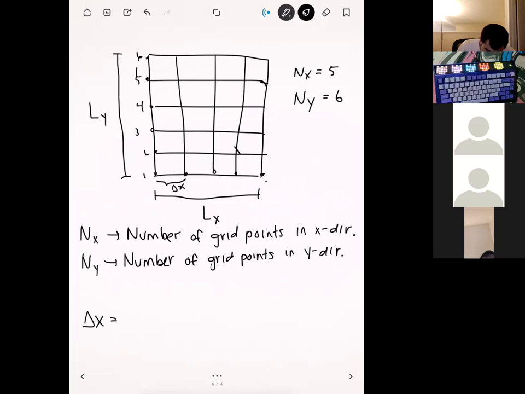We can compute delta x based on the parameters that we have already. Delta x is going to be Lx, the length of the domain in the x direction, divided by nx minus 1.